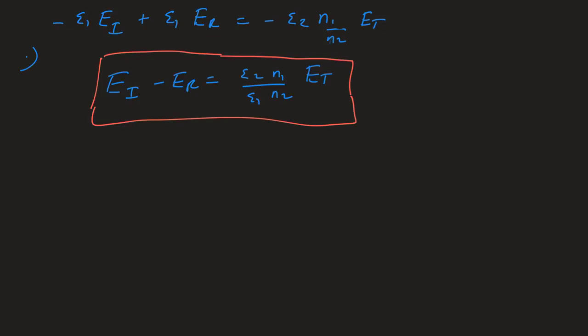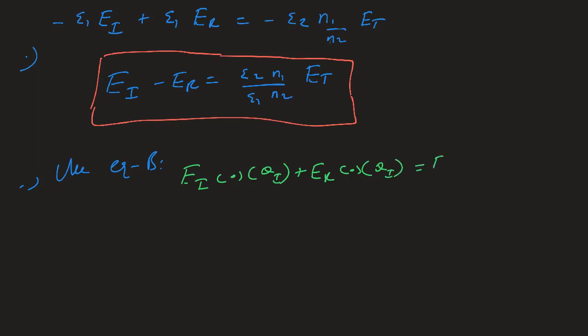Similarly, now if you use equation B, where equation B basically told us that EI cosine of theta I plus ER cosine of theta I, because theta I equals theta r, is equal to ET cosine of theta t.